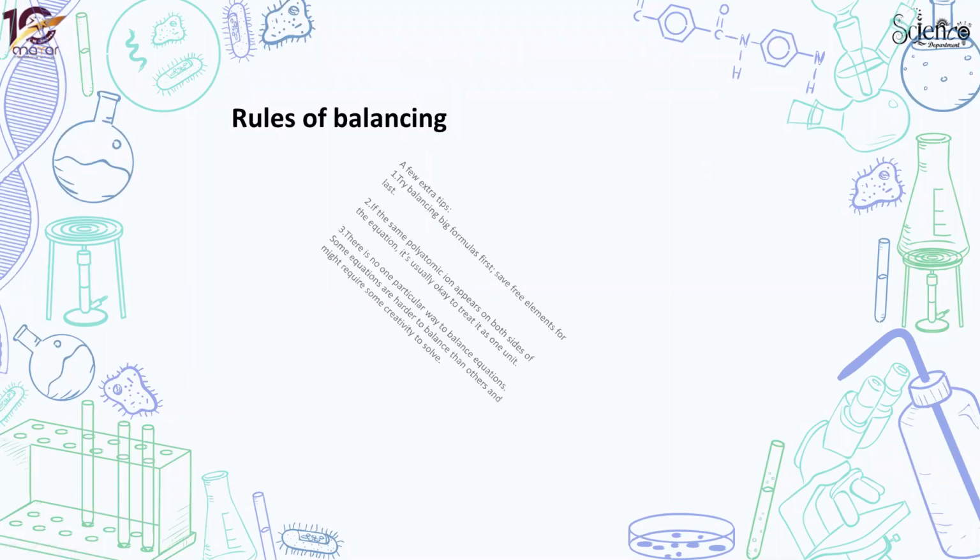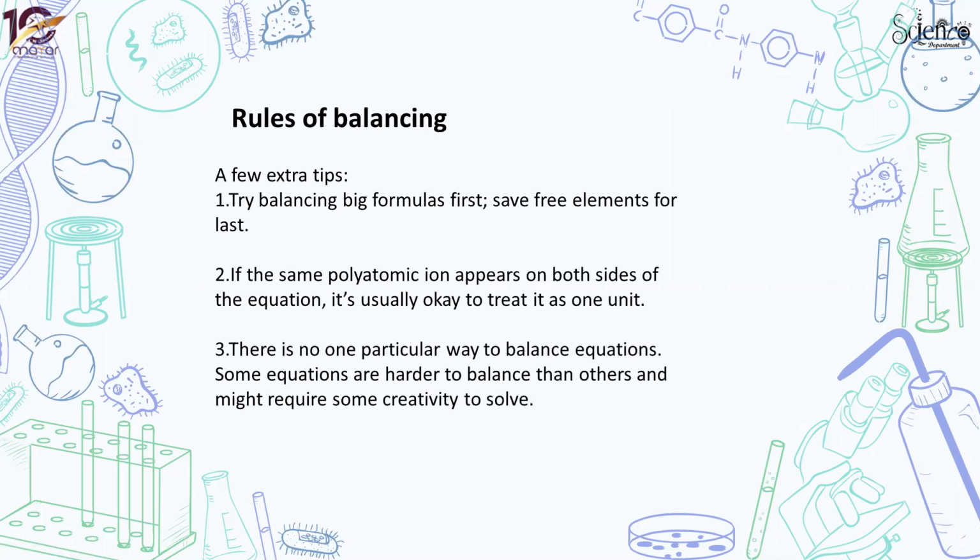A few tips when you do balancing. First of all, when you have a chemical equation, try to balance big formulas first, okay? Save free elements for last. We're going to apply this now. You're going to see what it means. If you have a polyatomic ion, and this polyatomic ion is the same, not changed on the two sides of the equation, keep it till the end, or you can work with it as one unit.